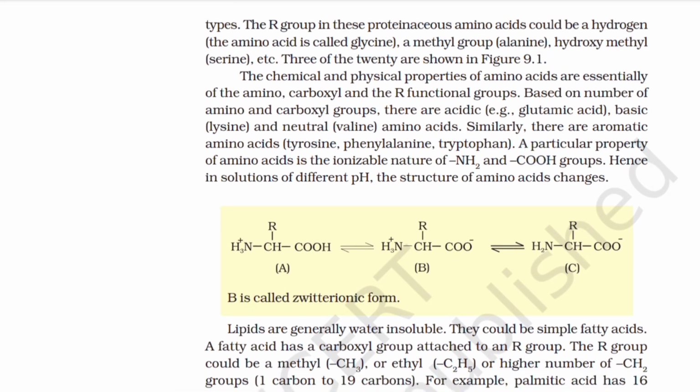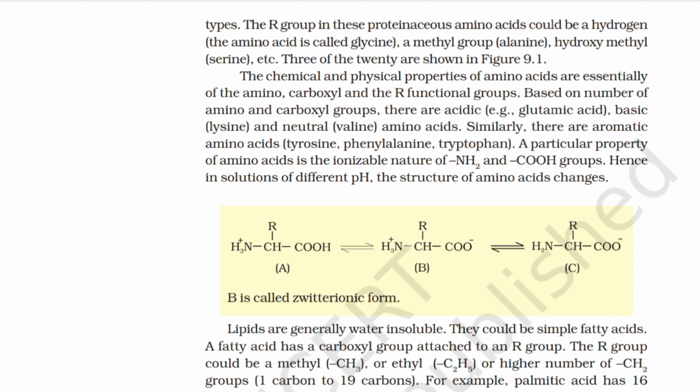The chemical and physical properties of amino acids are essentially of the amino, carboxyl and the R functional groups. Based on number of amino and carboxyl groups, there are acidic, example glutamic acid, basic, lysine, and neutral, valine, amino acids. Similarly, there are aromatic amino acids: tyrosine, phenylalanine, tryptophan.